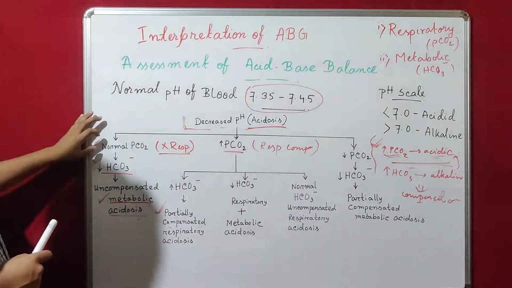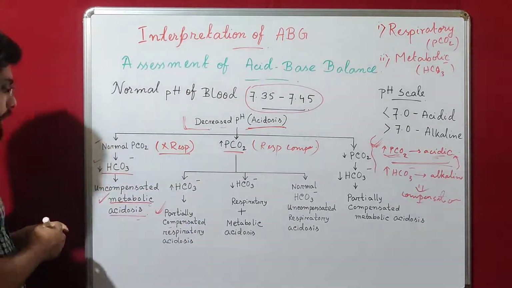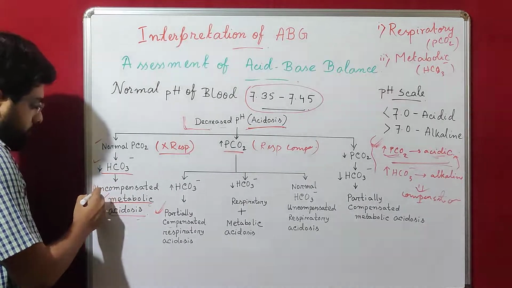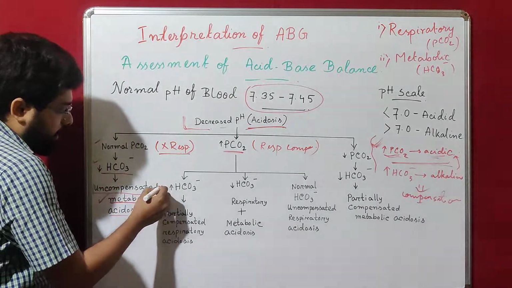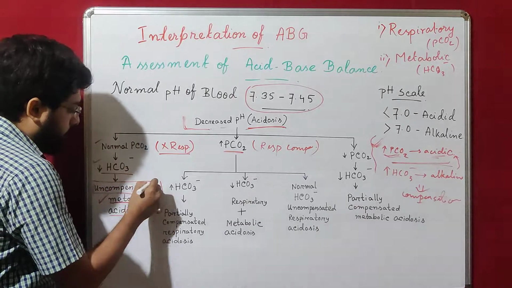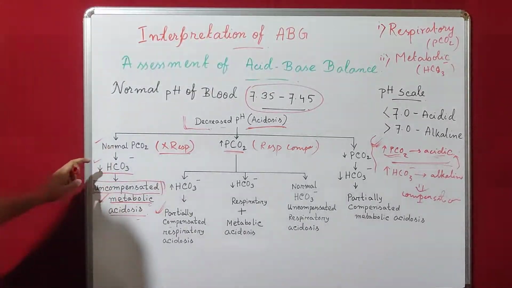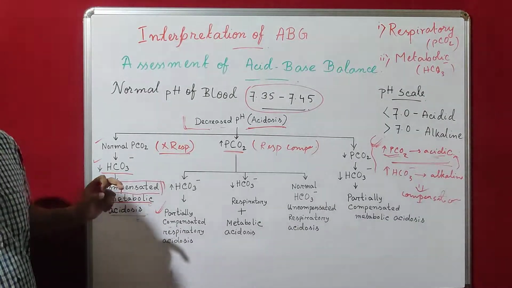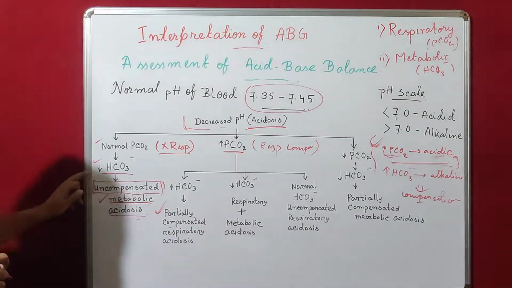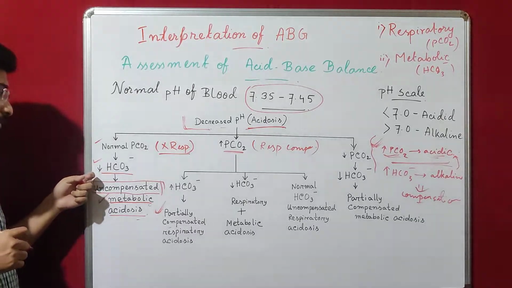Now let's come to this side. Here, I told you to neglect this term first, the uncompensated metabolic acidosis. Why was this scenario uncompensated? Because the bicarbonate ion was reduced.